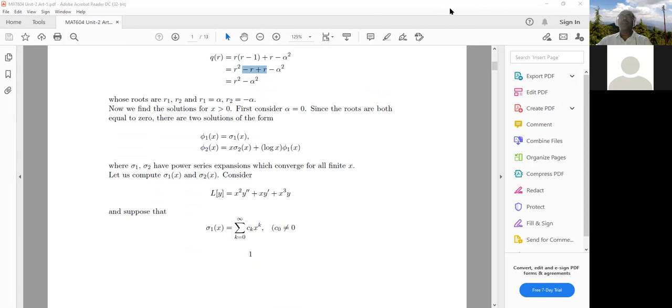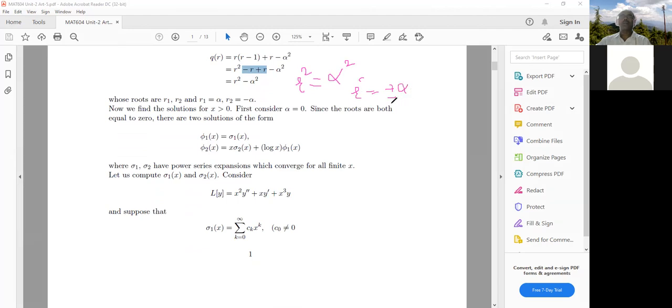See here. So we just take r square is equal to alpha square, and taking square root on both sides, the value of r is plus or minus alpha.